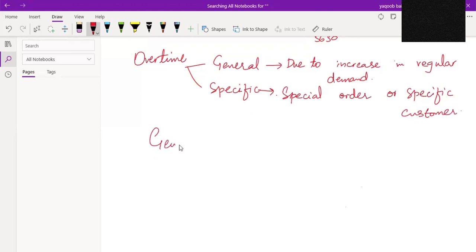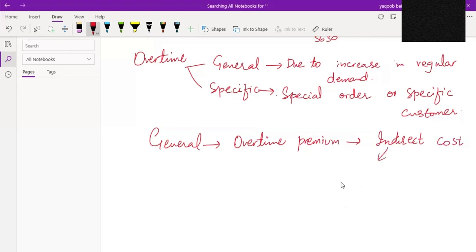Whenever there is general overtime, there is overtime premium. Now workers are working for the extra time. It is the productive time. That's why we are paying them premium. Overtime premium is always indirect cost, whether the worker is direct or indirect.